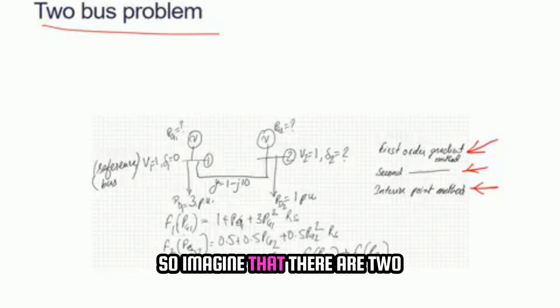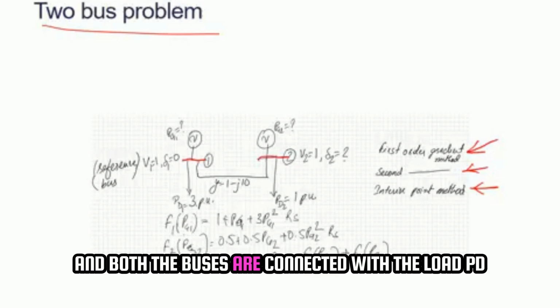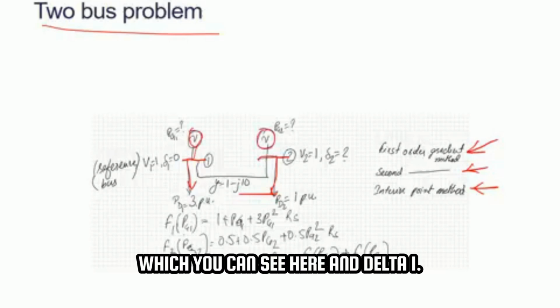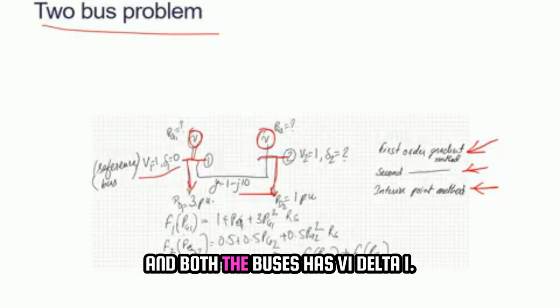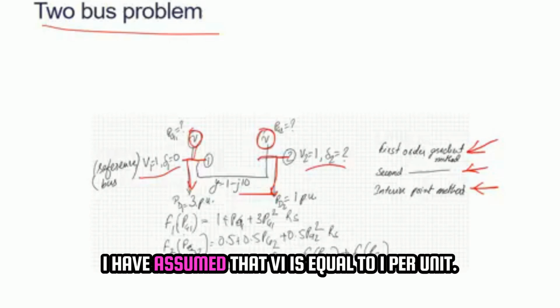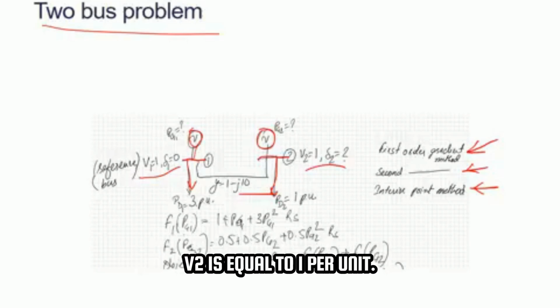So imagine that there are two buses which you can see here. Both the buses are connected with a load PD, and both are connected with a generator which you can see here. Bus 1 has V1 delta 1, the second bus has V2 delta 2, where I have assumed that V1 is equal to 1 per unit, V2 is equal to 1 per unit.